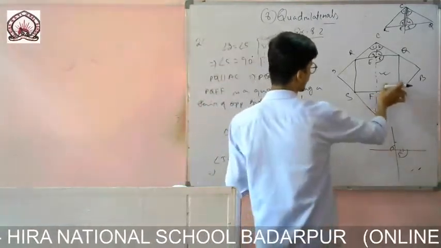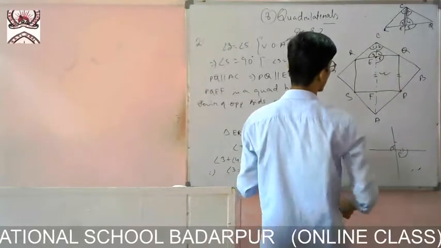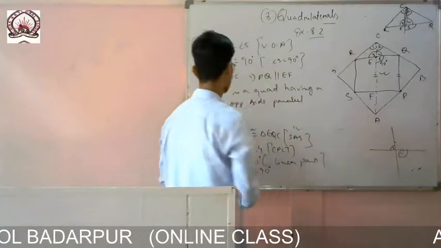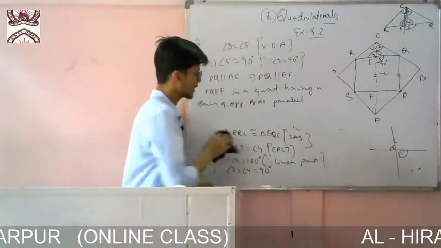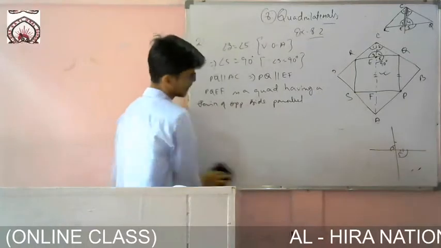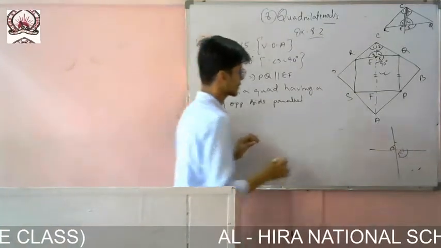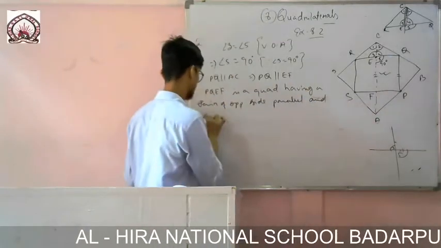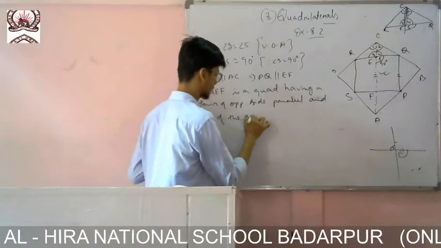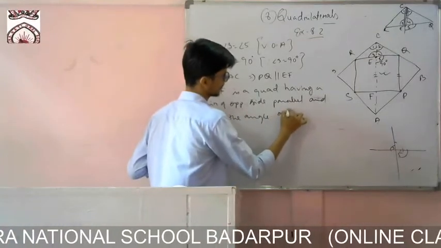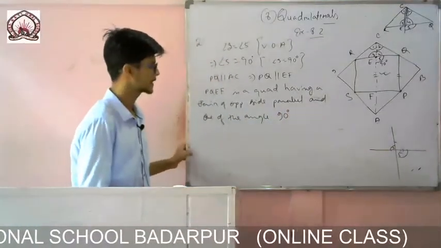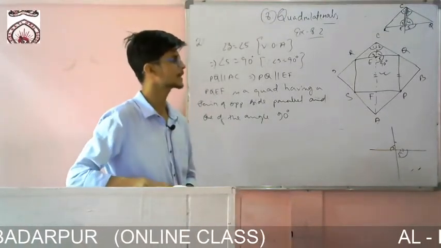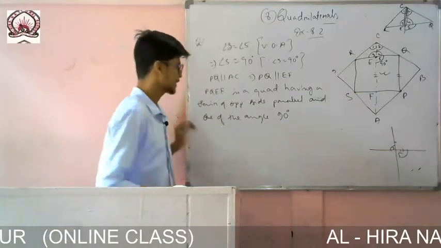You see, what we have proved is that this one is parallel to this one, and this angle is equal to 90 degrees. So, having a pair of opposite sides parallel and one angle equal to 90 degrees, if in a quadrilateral one angle is 90 degrees, then we can say that it is a rectangle.